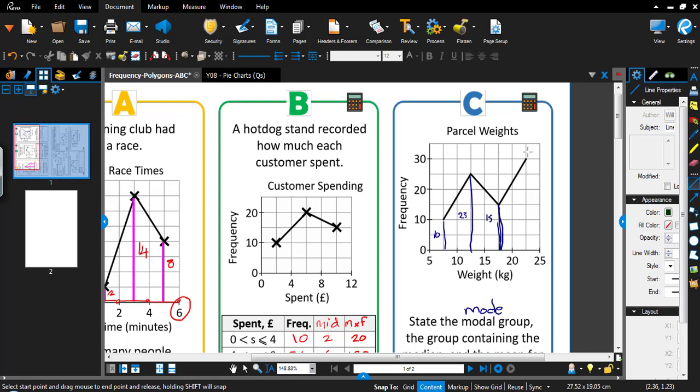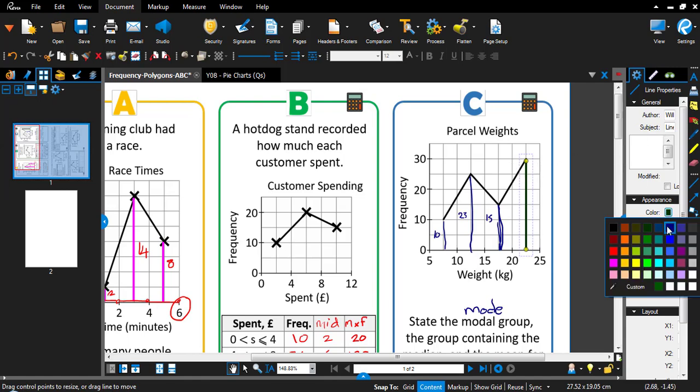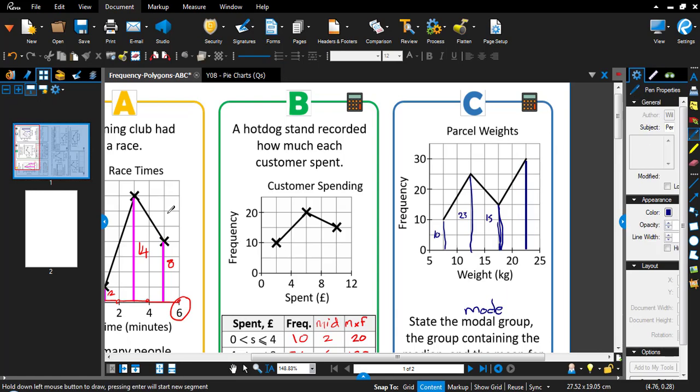And then the frequency for this one is 30, right? We can just read that from our graph. So 10 plus 25 is 35, plus 15 is 50, plus 30 is 80. Okay, so we have 80 different parcels.